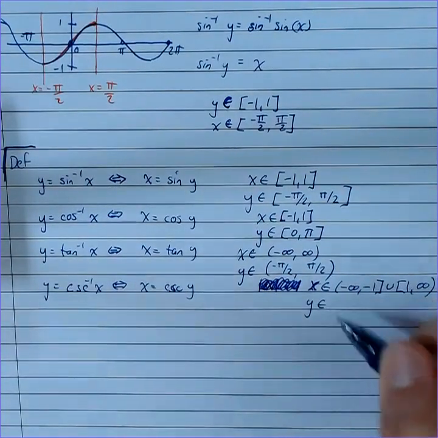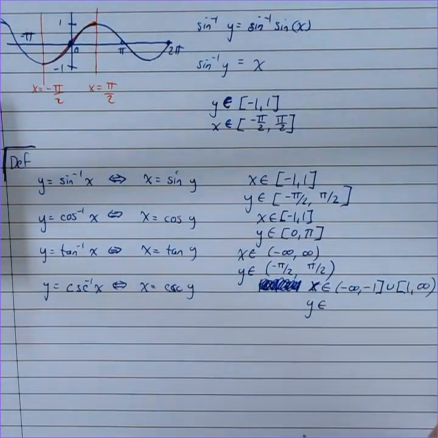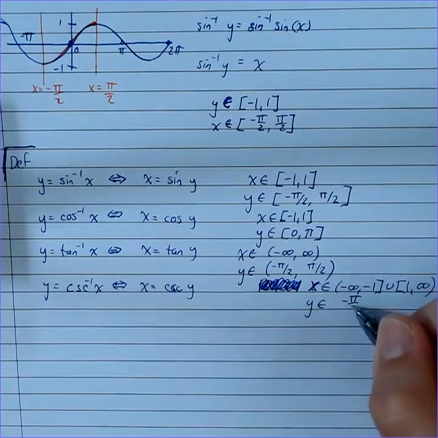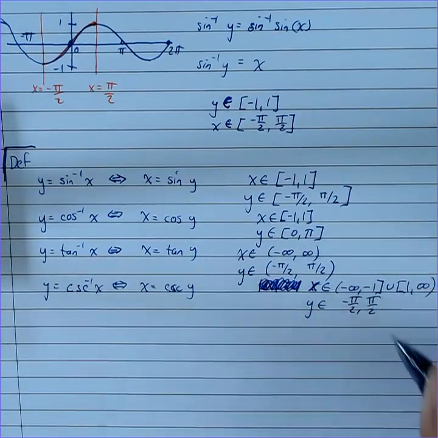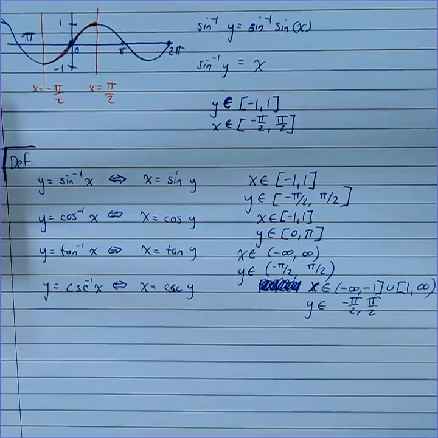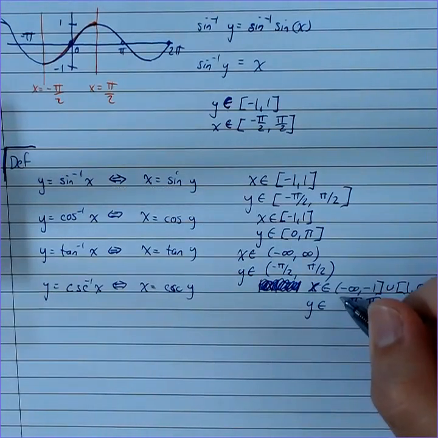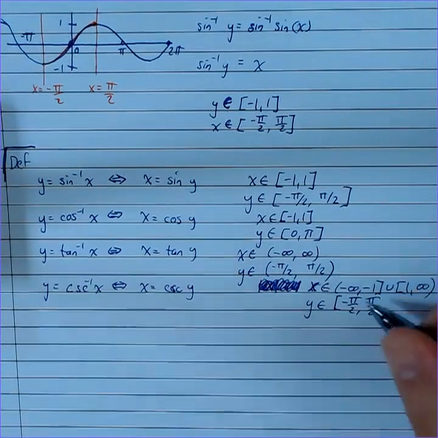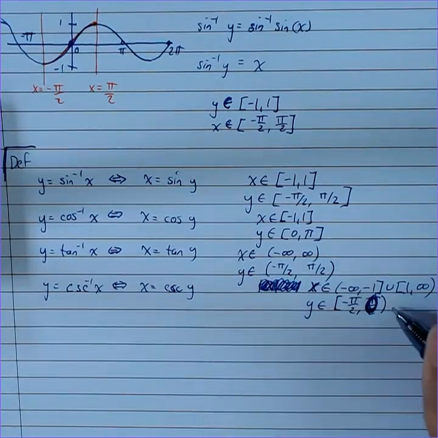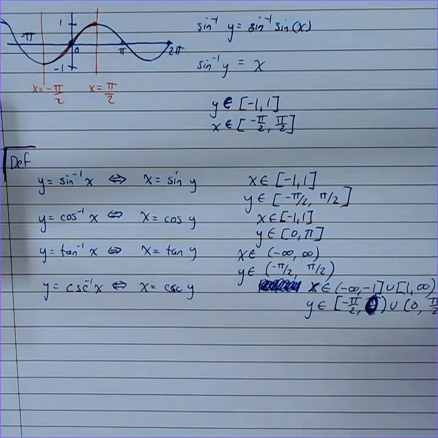And y is going to be contained in the interval from -pi/2 to +pi/2, with an exception at 0, because we're going to have an asymptote there. So I guess I should write this way. We want everything from -pi/2 up to 0, union with everything from 0 up to pi/2. And again, because at 0 you're going to have an asymptote.